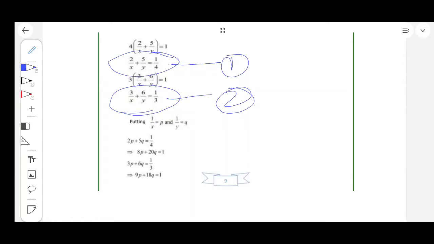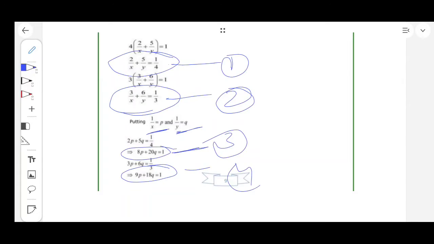Now for solving this equation, we are going to put 1 upon x equals to p and 1 upon y equals to q. So after putting the values and simplifying these equations, we will get new equations in terms of p and q. This one is first and this one is second equation, or we can say third or fourth equations.